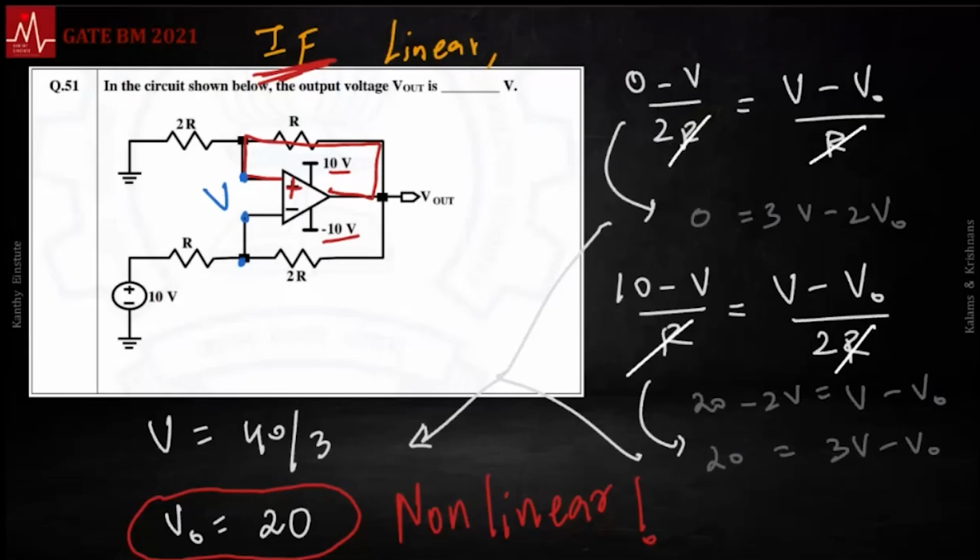In this case, the positive feedback dominates. Whichever terminal has a higher voltage, it will go to that saturating voltage. So inverting terminal is given a plus 10, non-inverting is given 0.